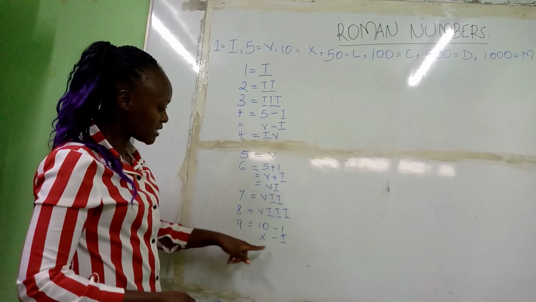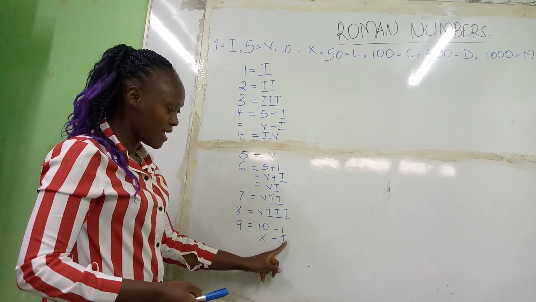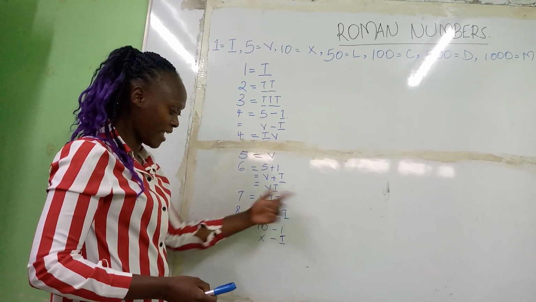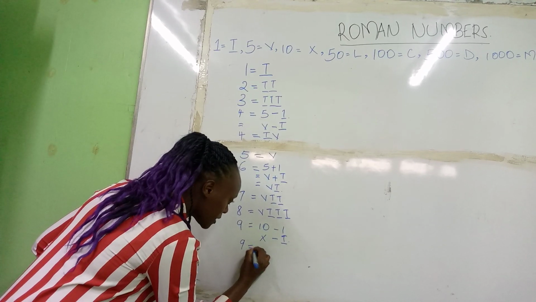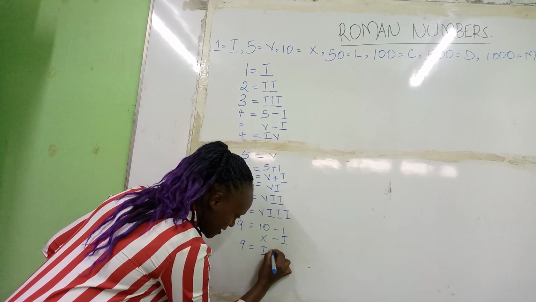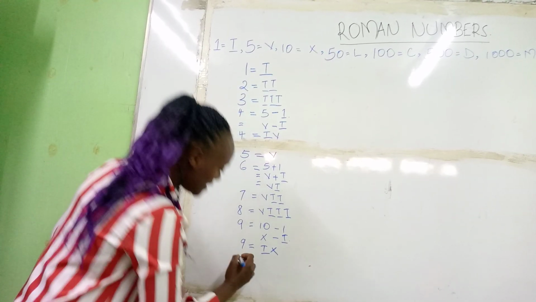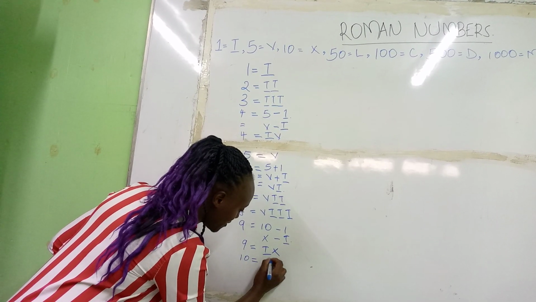But if it's a subtraction, the smaller one starts and then the big one. So 9 will be IX, and 10 is obviously X.